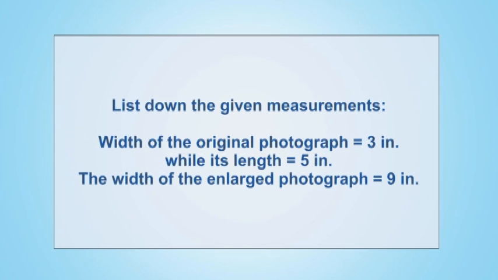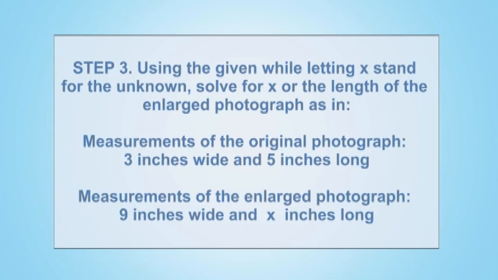The width of the enlarged photograph is 9 inches. Step 3. Using the given, while letting x stand for the unknown, solve for x or the length of the enlarged photograph. Measurement of the original photograph, 3 inches wide and 5 inches long. Measurement of the enlarged photograph, 9 inches wide and x inches long.